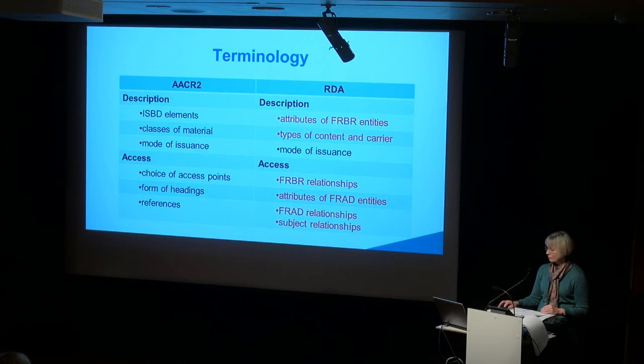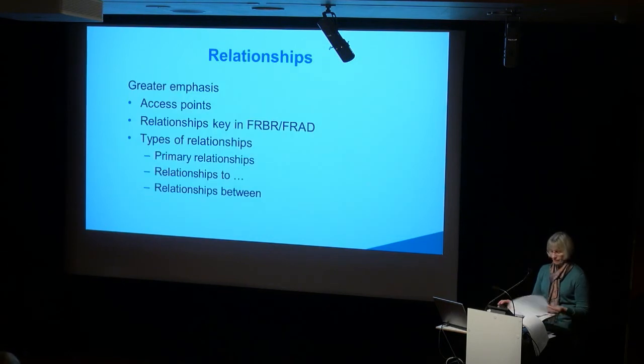I'm sure we'll change eventually. There's a much greater emphasis on relationships, and they are key in FRBR and FRAD. And we have three types of relationships: primary relationships, relationships to, and relationships between.